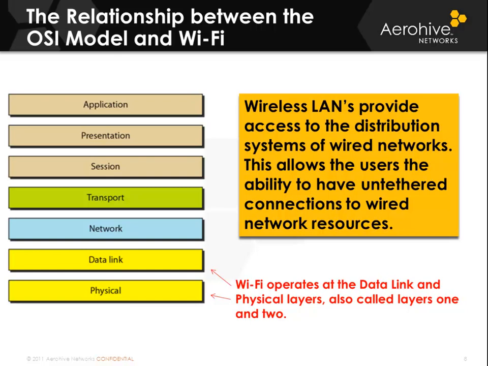But all of those layers are layers at which Wi-Fi does not work. Wi-Fi encapsulates those layers in its payload in the frames, but only uses layers 1 and 2. Layer 2, the data link layer, and layer 1, the physical layer, are the two places in which Wi-Fi actually operates.